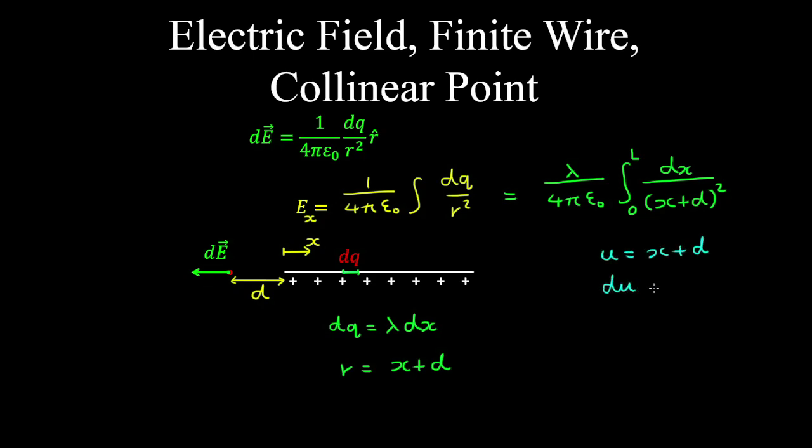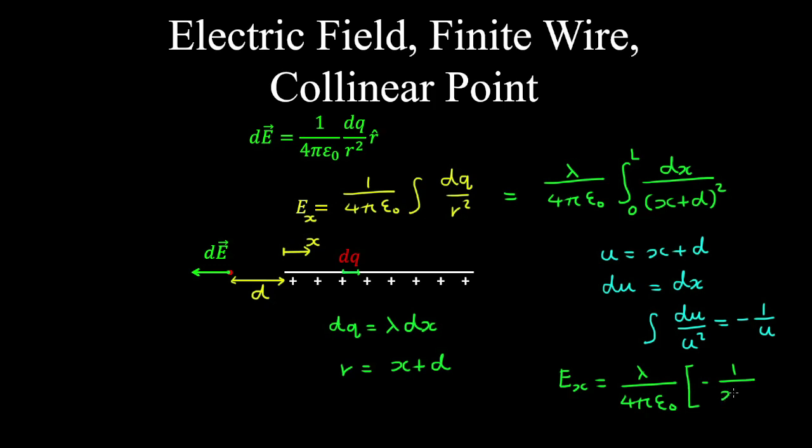So du is dx, and therefore our integral is written as follows. So that's going to evaluate to u to the minus 1 on minus 1, or minus 1 on u. And if we substitute back for u, we can rewrite our integral as minus 1 on x plus d, evaluated from 0 to L.